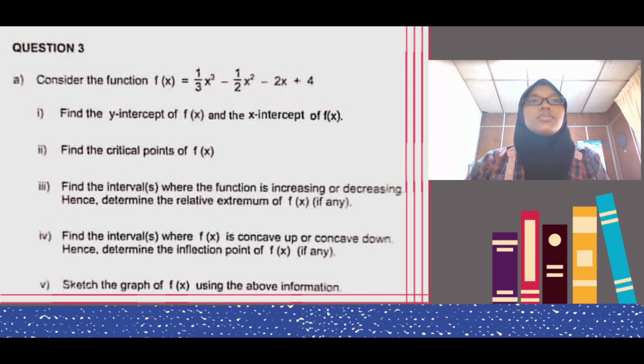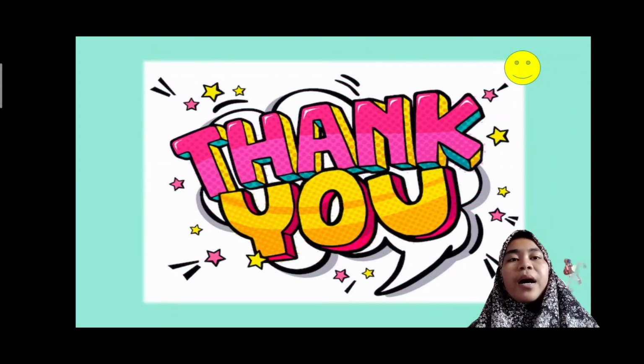And find the interval where f(x) is concave up or concave down, hence determine the inflection point of f(x), if there is any. Last but not least, sketch the graph of f(x) using the above information. That's all from our group.